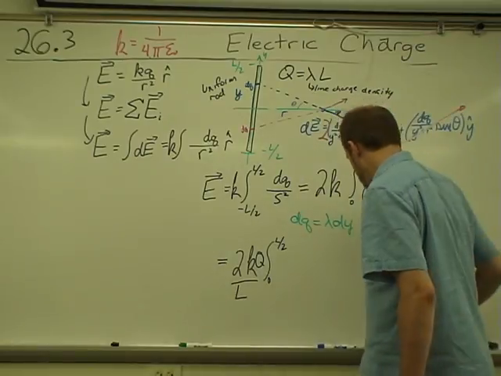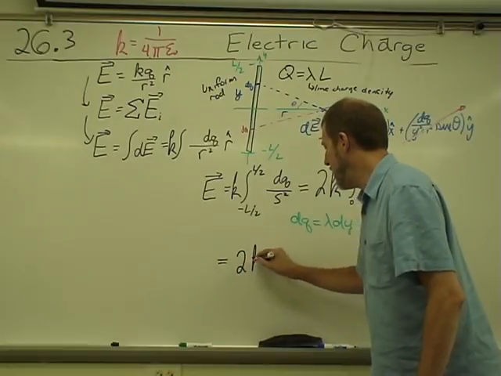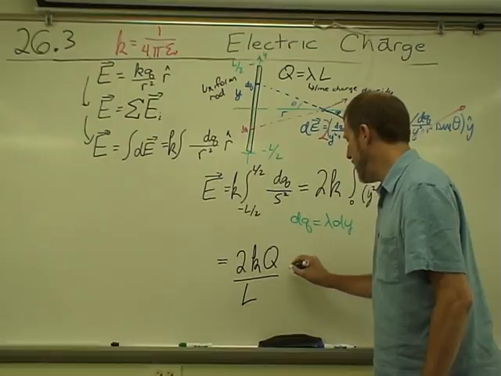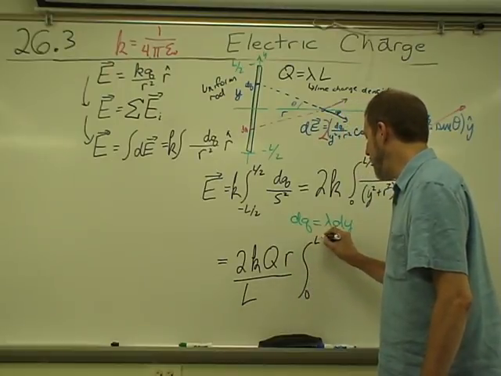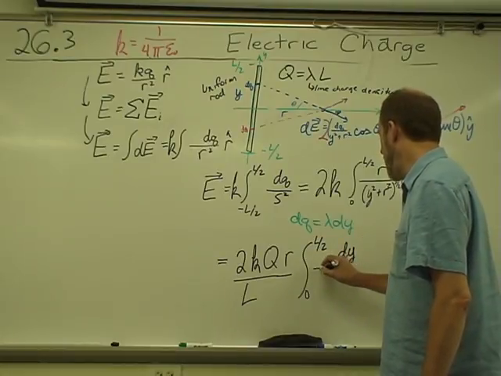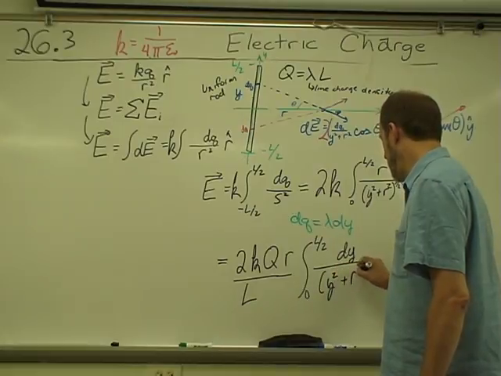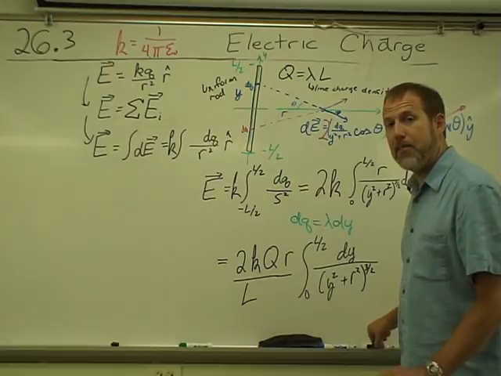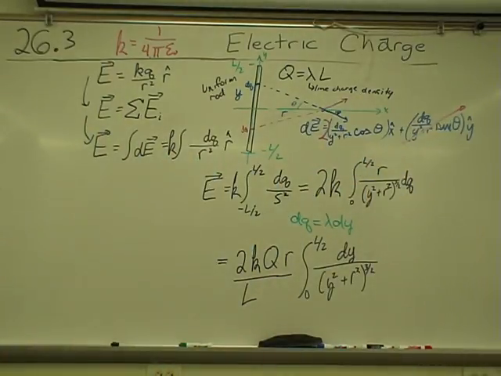R is a constant, so I've got 2k lambda times r times the integral from 0 to L over 2 of dy over y squared plus r squared to the 3/2. Now the first time you've seen that equation, you had to reconstruct this.